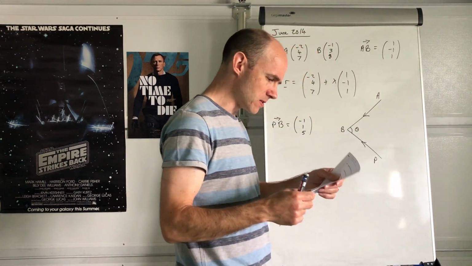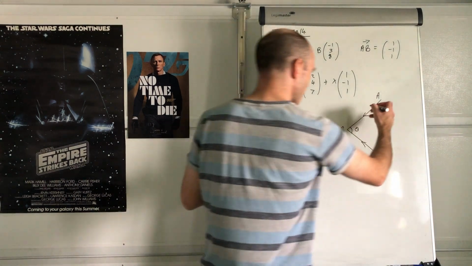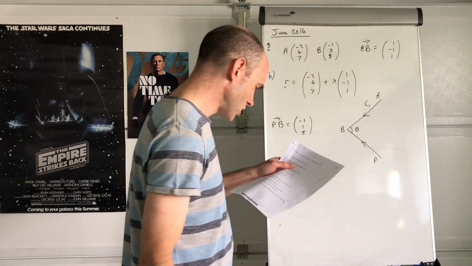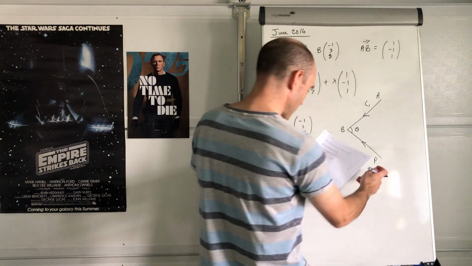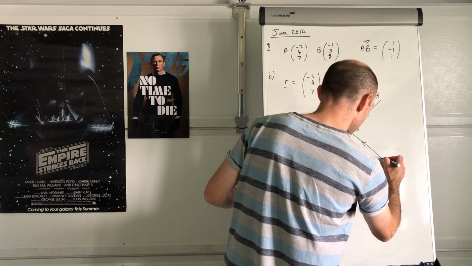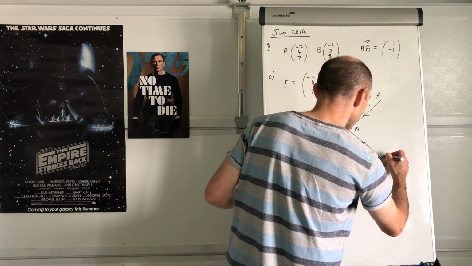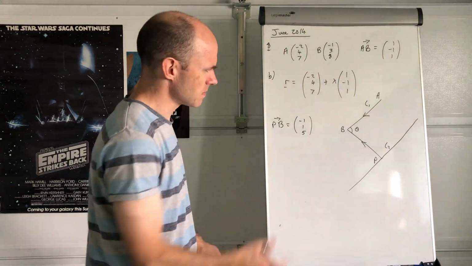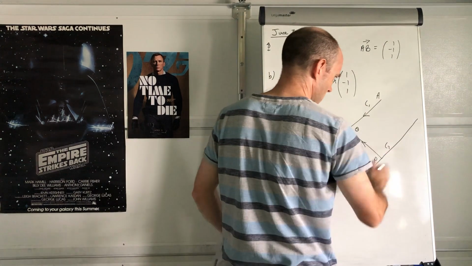So L1 passes through the points A and B. Right, so that is the line L1, isn't it? L2 passes through the point P and is parallel to L1. See how the diagram's making it really useful? So because L2 is parallel to L1, it's got to look like that, isn't it? So that's my rough sketch. So L1, L2 parallel passes through P.